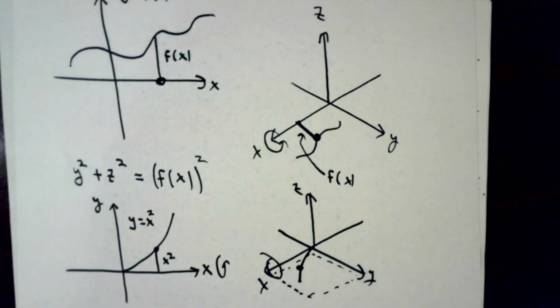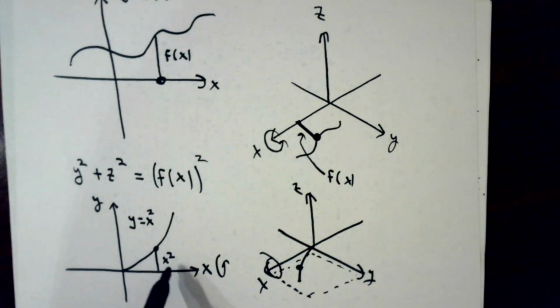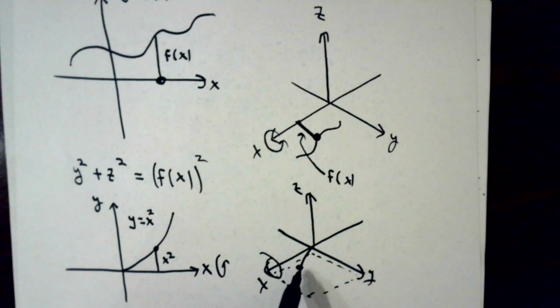So, for example, in the xy plane, think of the graph of y equals x squared. I'm going to revolve this around the x-axis. The distance from the axis of rotation to the point on the curve is literally the y-coordinate, but y is equal to x squared here. This point is going to go around in a circle parallel to the yz plane.